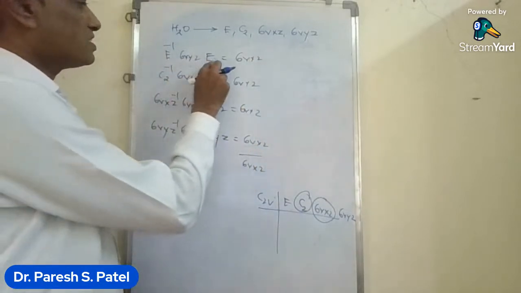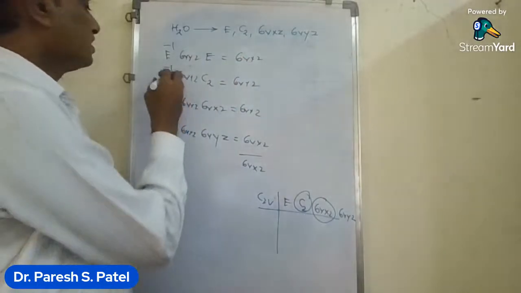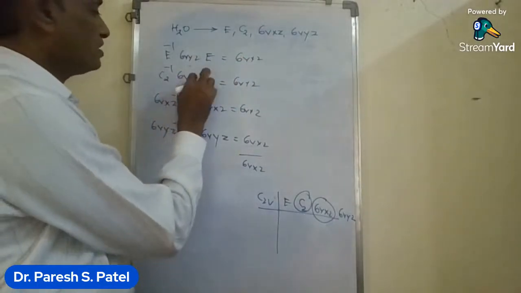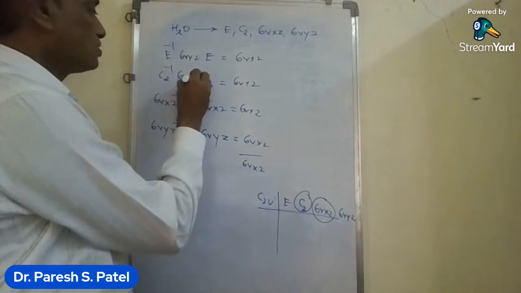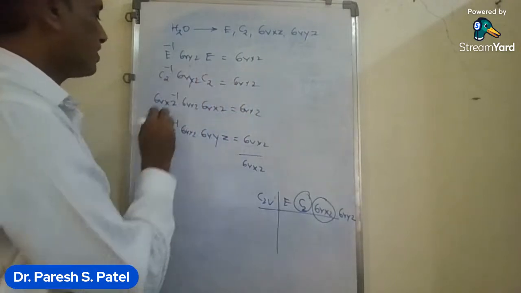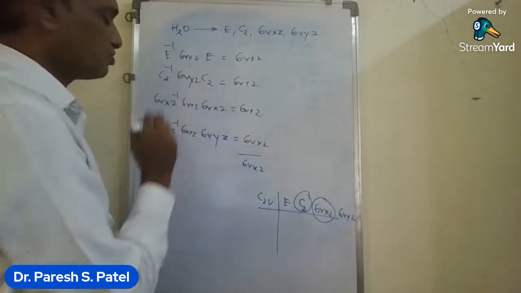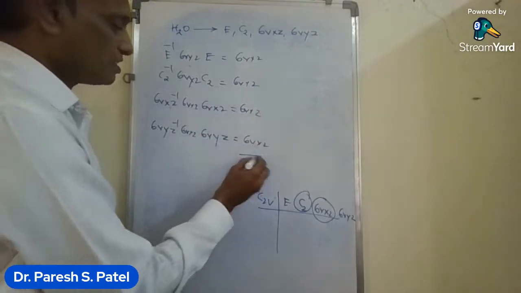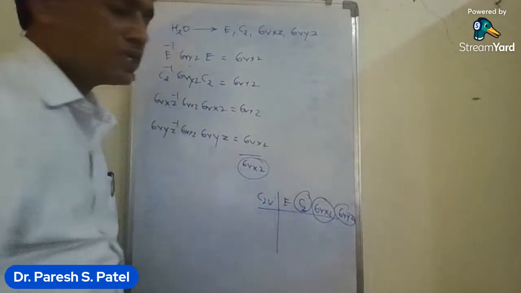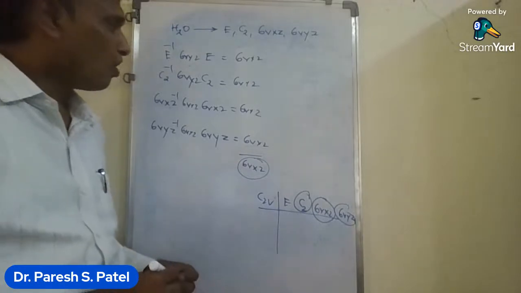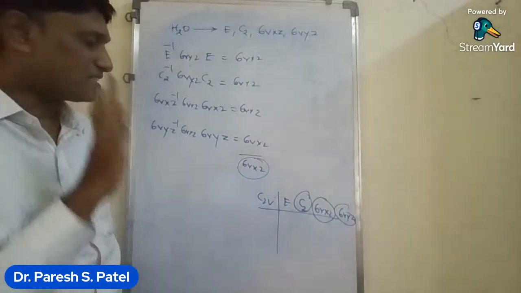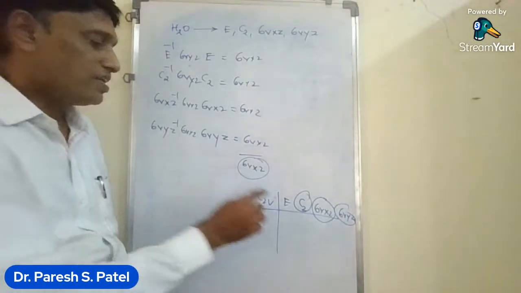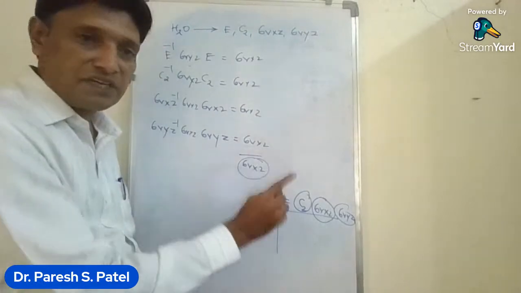And lastly, if you go for the sigma V yz, E inverse sigma yz E is equal to sigma V yz, C2 inverse sigma V yz C2 is equal to sigma V yz, xz sigma yz xz is equal to yz. So the overall result is sigma yz. So in case of water molecule, the number of classes is equal to 4. Why? E is conjugate to itself to form an individual class.